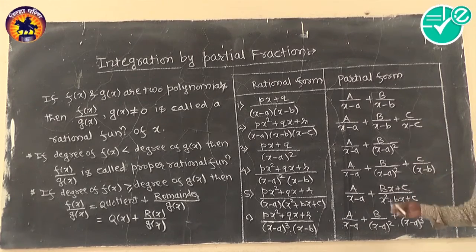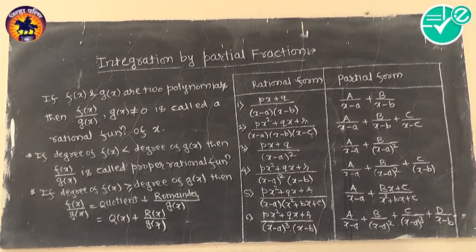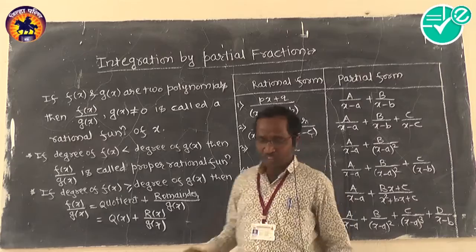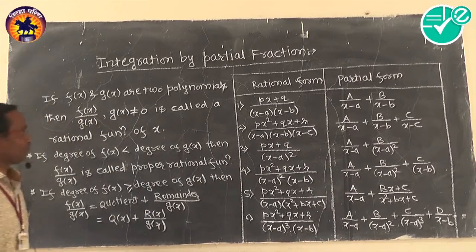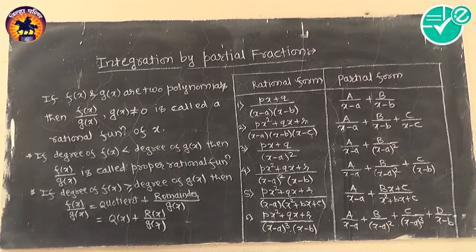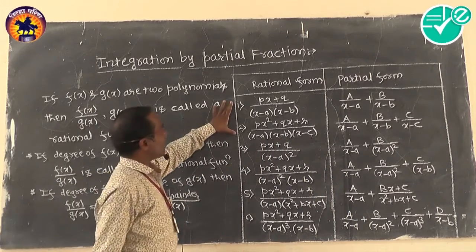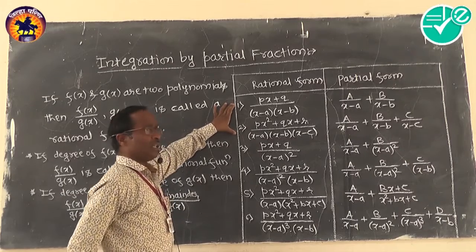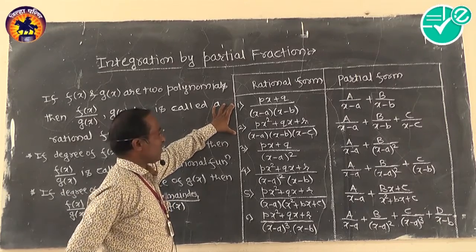So these are the different rational forms. If the integrand function is in the form of a rational function, then it can be reduced to partial fraction form. It is called partial fractions. Here the first and second forms are non-repeated linear factors.